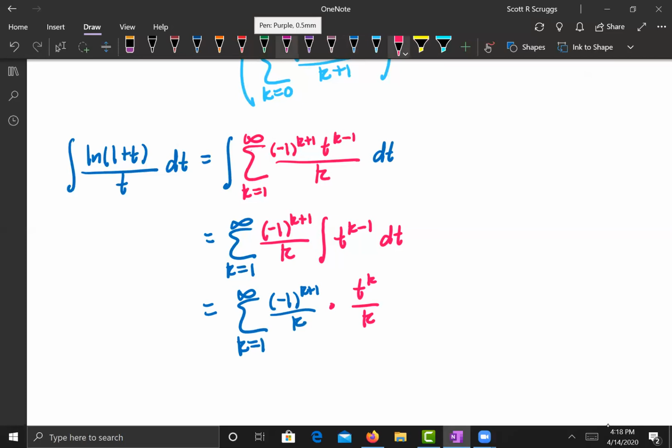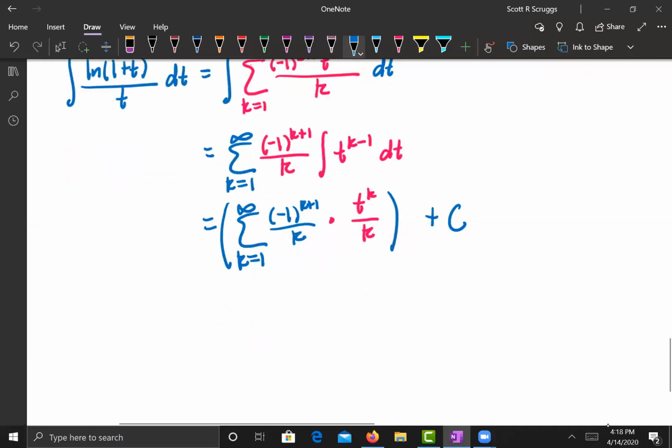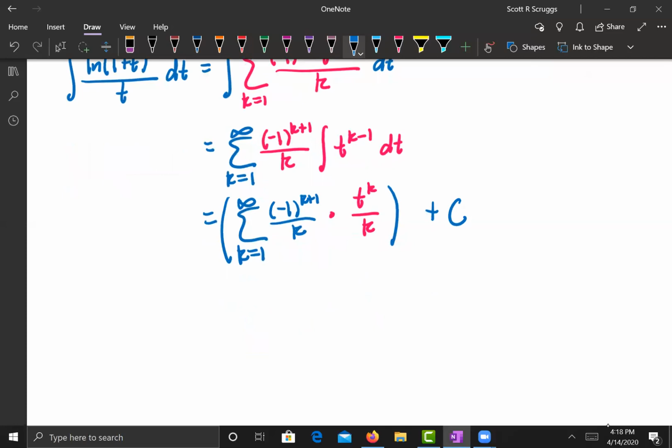And note that we have a plus c now since I evaluated the integral. And then I have 2 k's appearing in the denominator being multiplied.